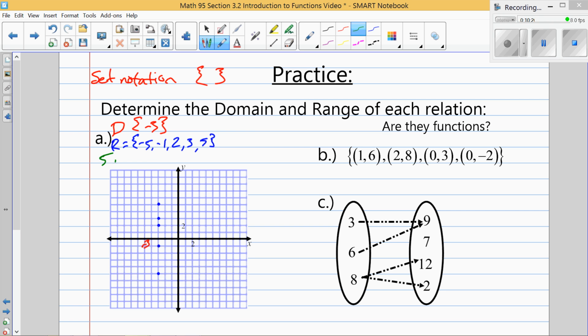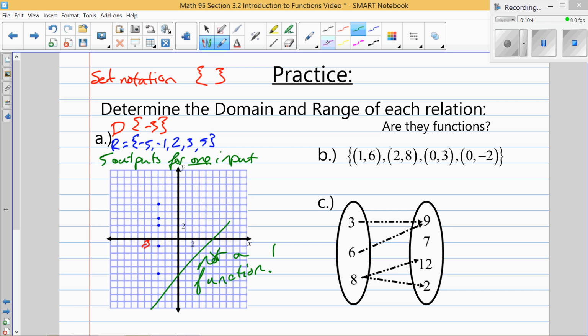This is 5 outputs for one input. It cannot be a function. Not a function. It breaks that rule.